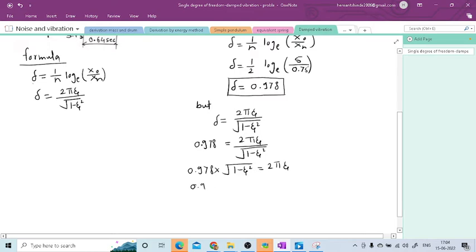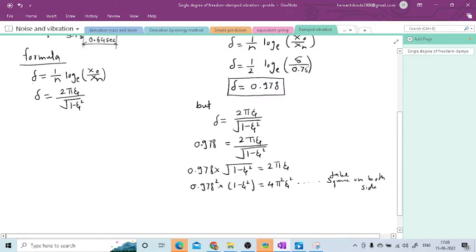So 0.978 square into 1 minus zeta square is equal to 4 pi square zeta square. I have taken the square on both sides.